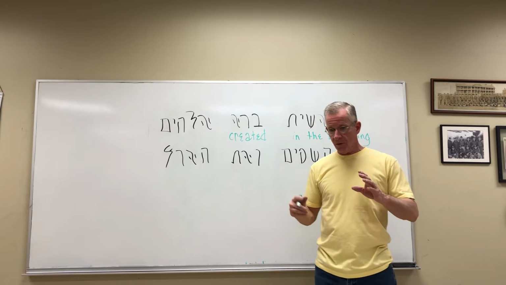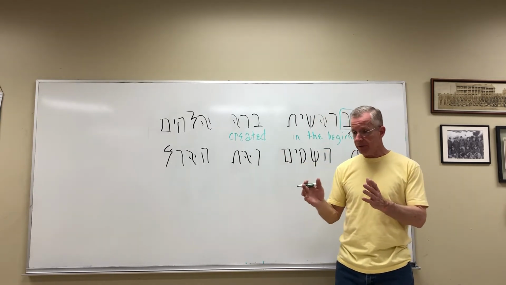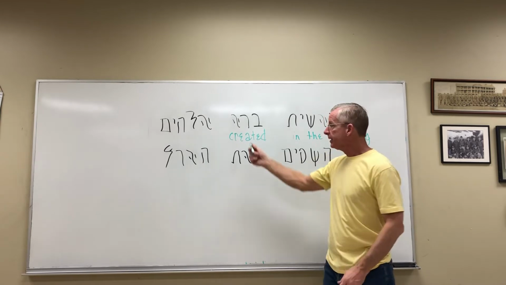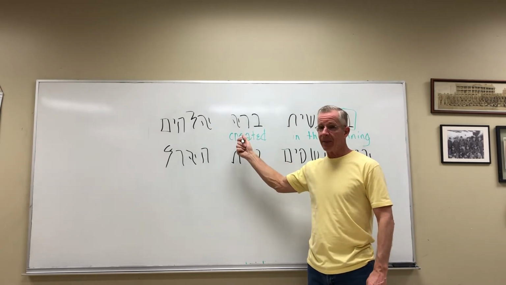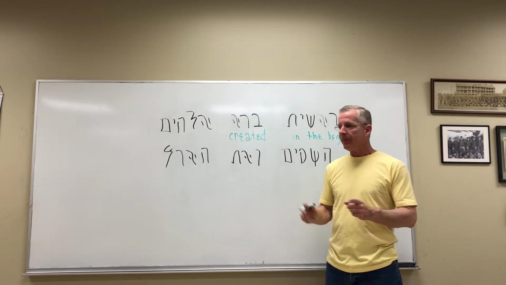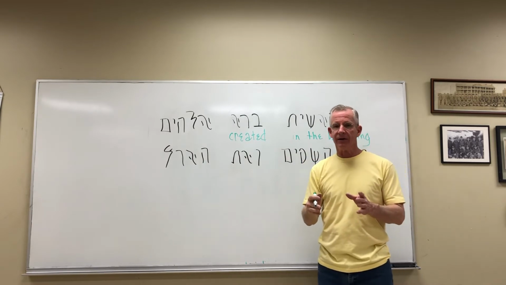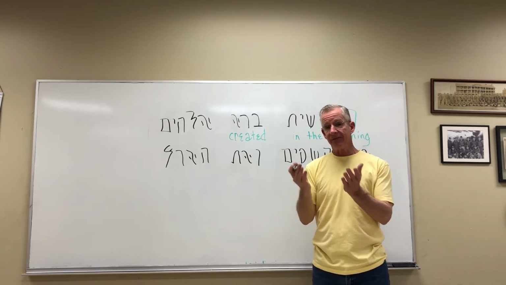So, when Noah built the ark, when someone builds a house, when someone makes a tool, this word's never used for that. And I think the reason for that is the Bible reserves this word for God because only God can create out of nothing.